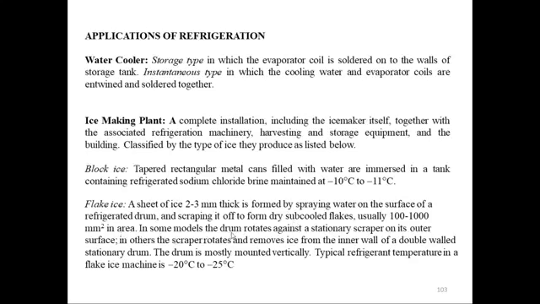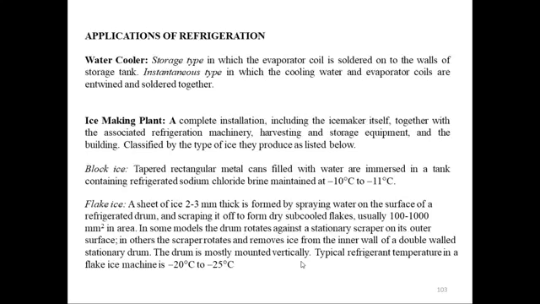In some models, the drum rotates against a stationary scraper on its outer surface. In others, the scraper rotates and removes the ice from the inner wall of a double-walled stationary drum. The drum is mostly mounted vertically. Typically, the refrigerant temperature in a flake ice machine is -20 degrees to -25 degrees.